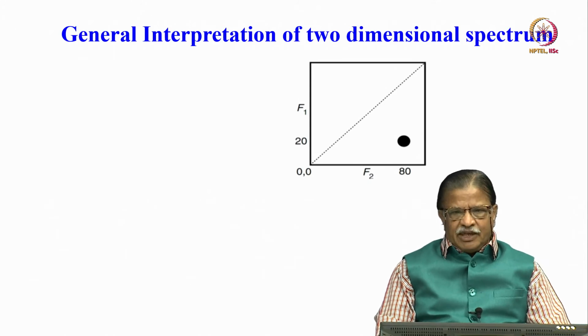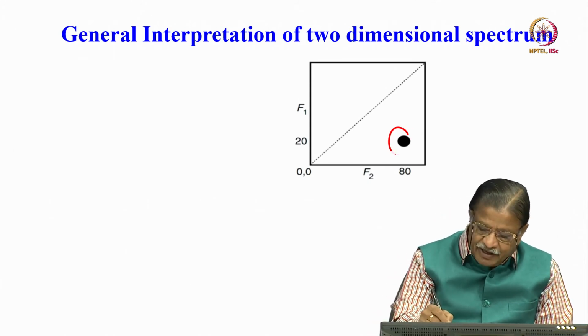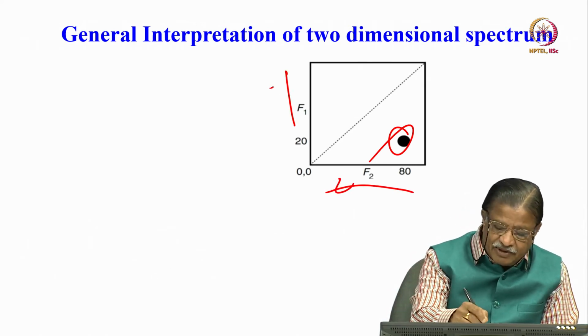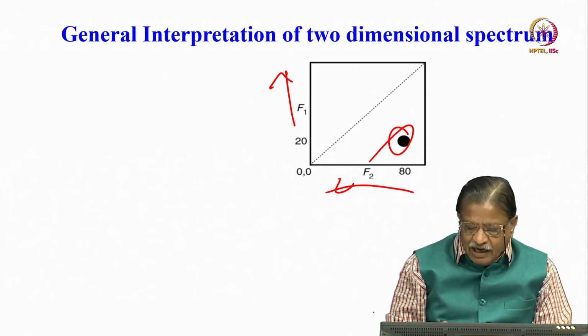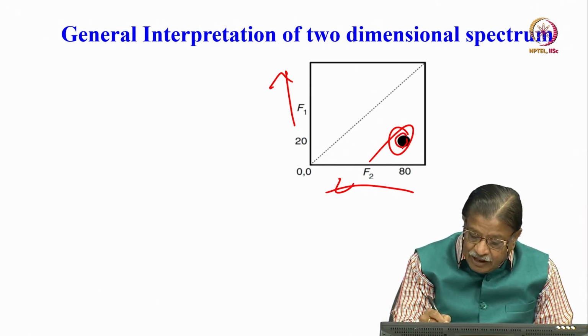Let us say I get a 2D spectrum like this, and I have a peak here. It is two-dimensional, this is the F2 dimension, this is the F1 dimension. I get a peak here, and if I correlate it, in the F2 dimension it comes at 80 hertz.